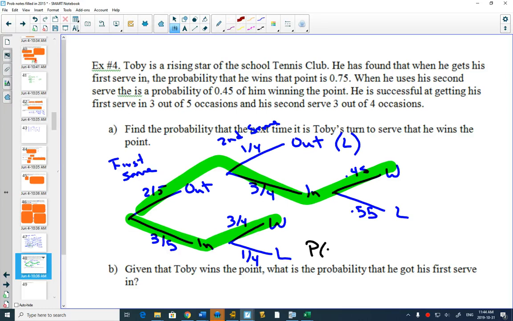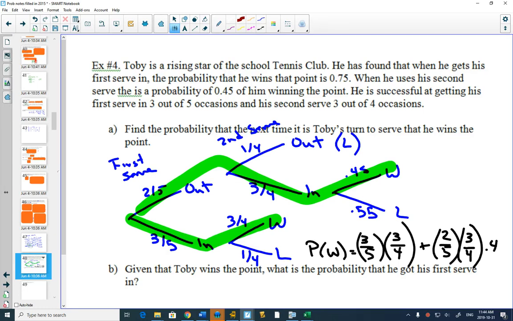We can write the probability of winning would equal case 1, 3/5 times 3/4 plus the other way of winning would be 2/5 times 3/4 times 0.45.